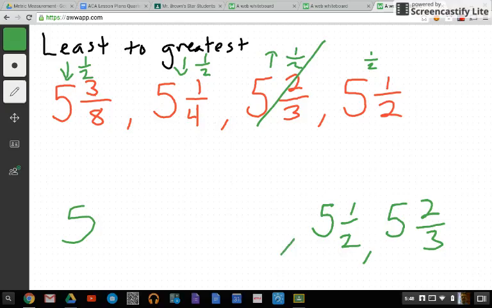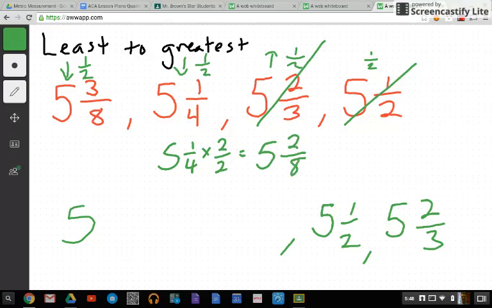And then I'm going to compare between 5 1/4 and 5 3/8. So this one I could either cross multiply, or I could just say, okay, well, I know that 5 1/4, if I multiply times 2/2, I would get 5 2/8.